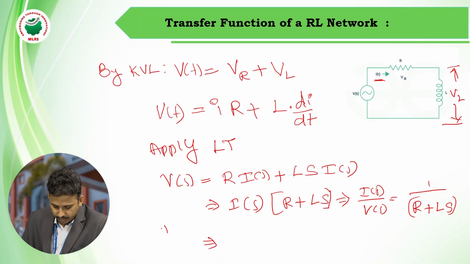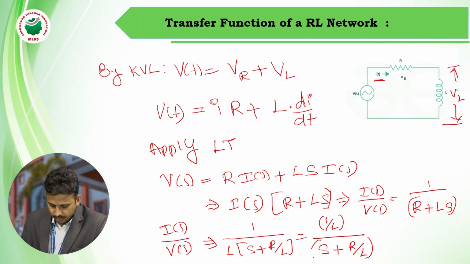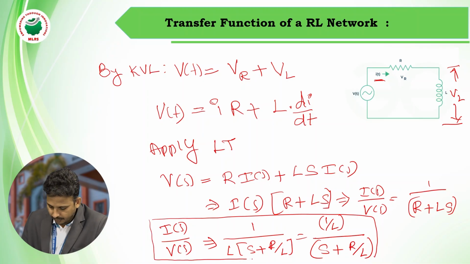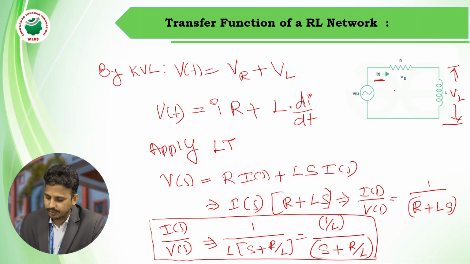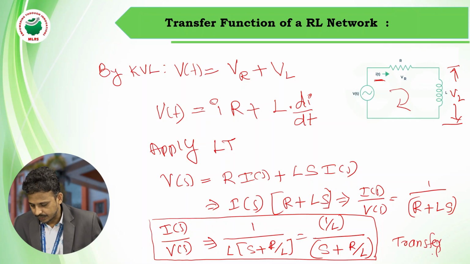So the transfer function I of S by V of S is equal to 1 by, if I take L as common, 1 by L by S plus R by L. So this is the transfer function for the given RL circuit.